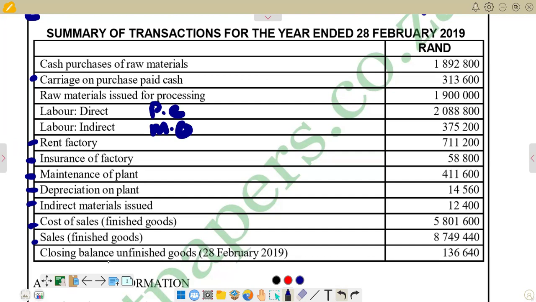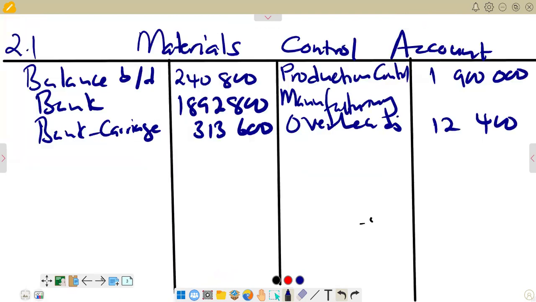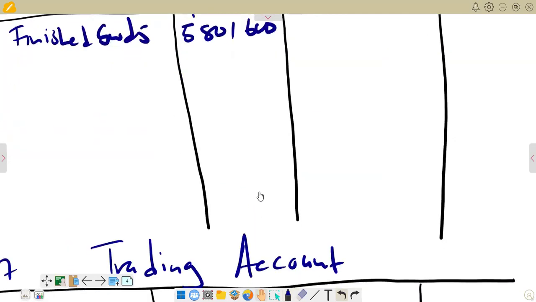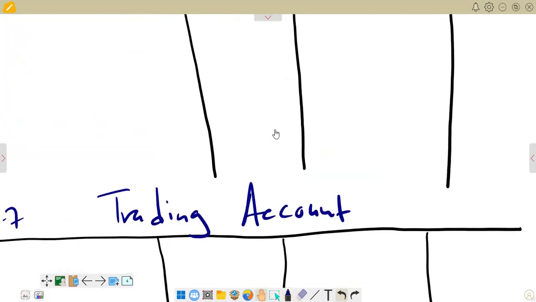So let's see the part of trading. We try to find where we have our trading account.